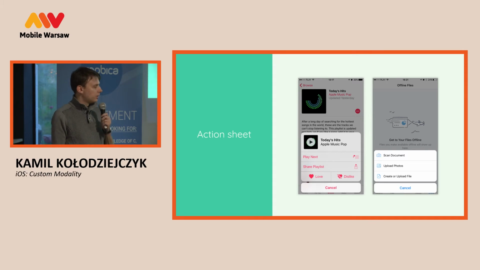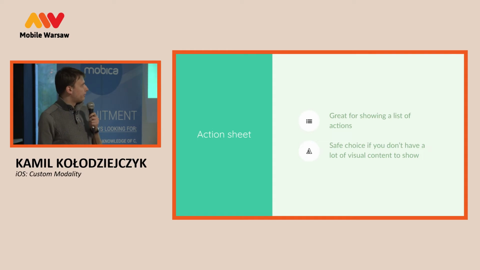An action sheet is great for listing things. However, it's hard to add additional graphics, and there's not much space for it anyway. So if you have a lot of graphics you need to show the user, then I would recommend some alternatives.